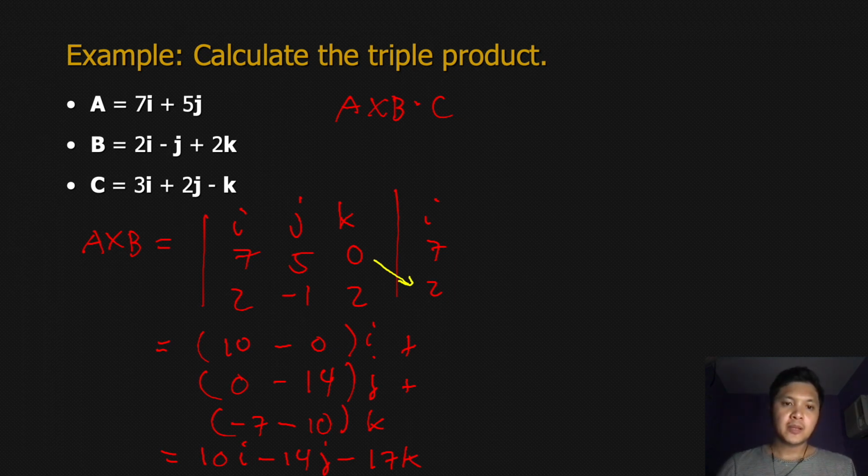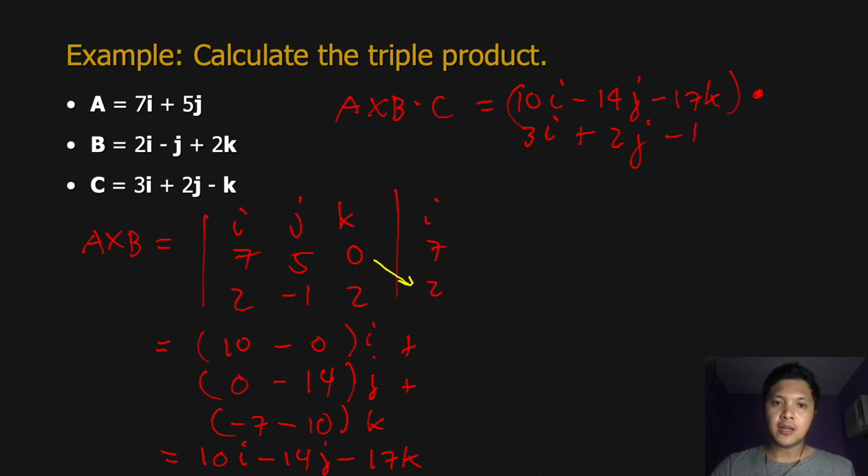Now let's dot this answer with C. So that is 10i minus 14j minus 17k, dotted with C, which is 3i plus 2j minus k.